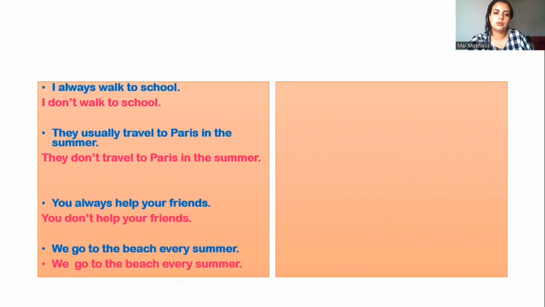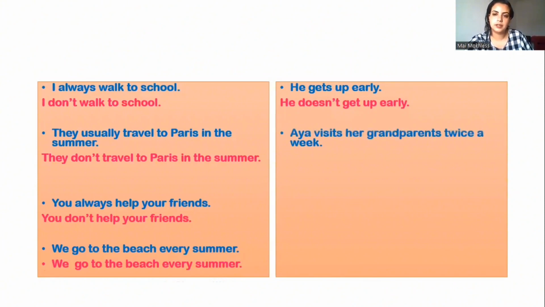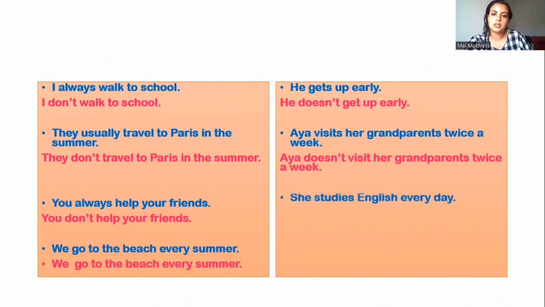We don't go to the beach every summer. He gets up early. He doesn't get up early. Aya visits her grandparents twice a week. Aya doesn't visit her grandparents twice a week. She studies English every day. She doesn't study English every day.